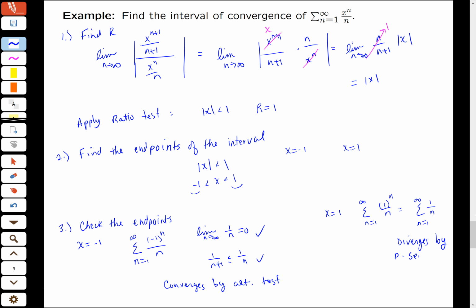Or it's a harmonic series which diverges. So the interval for this one is going to be brackets minus 1, parentheses 1. Brackets if it converges.